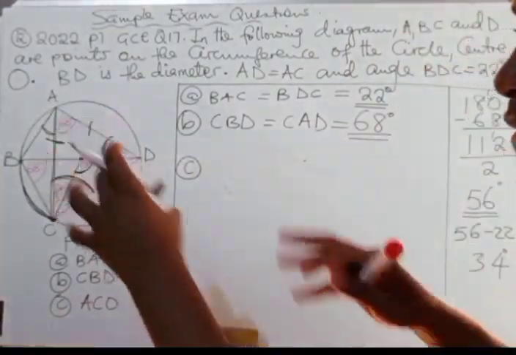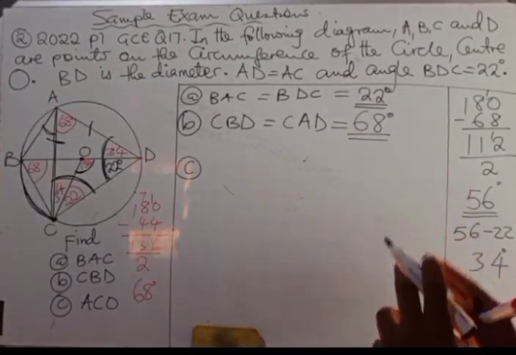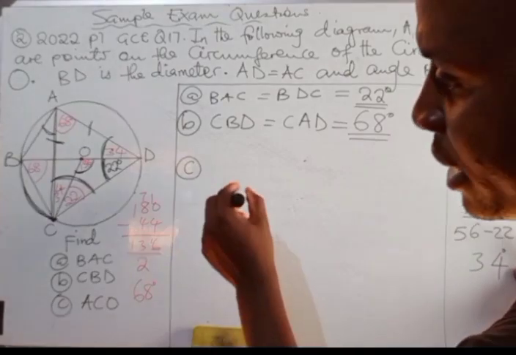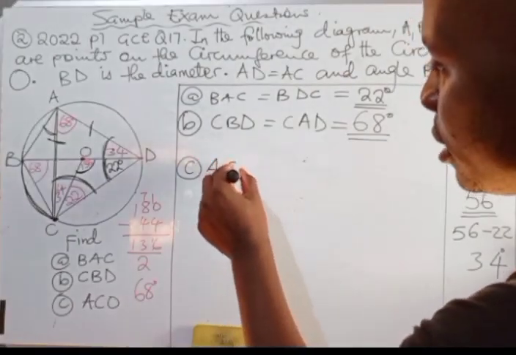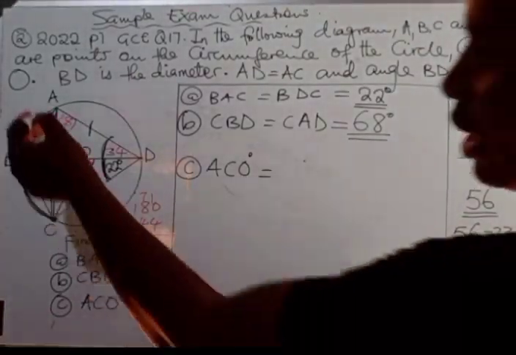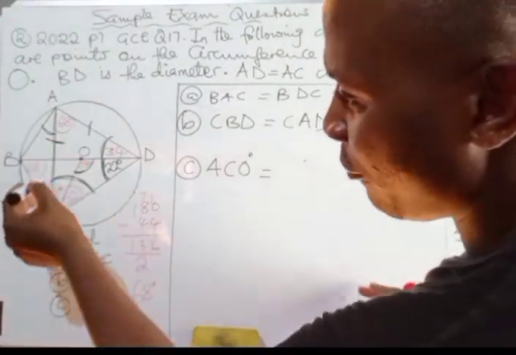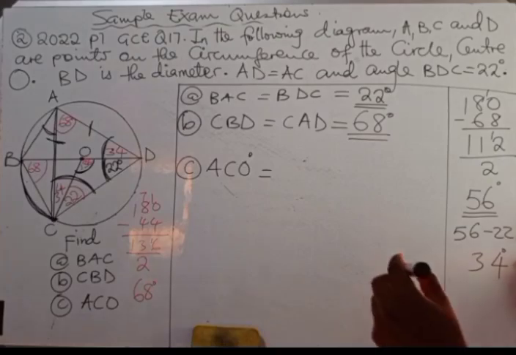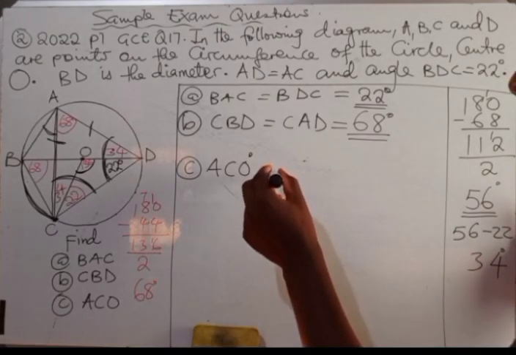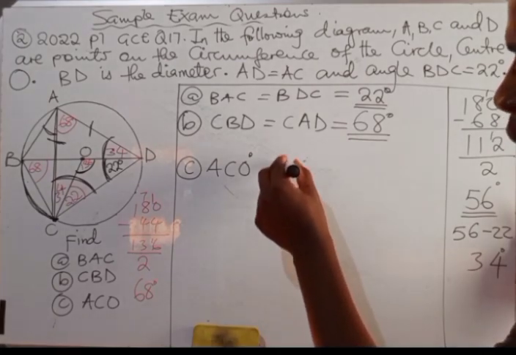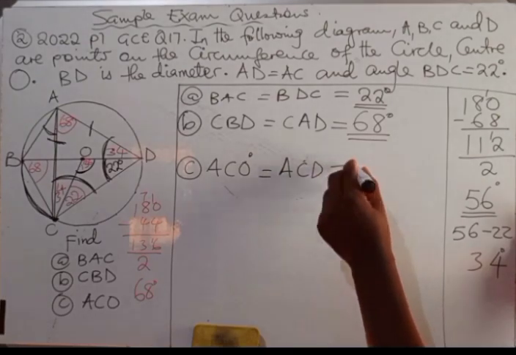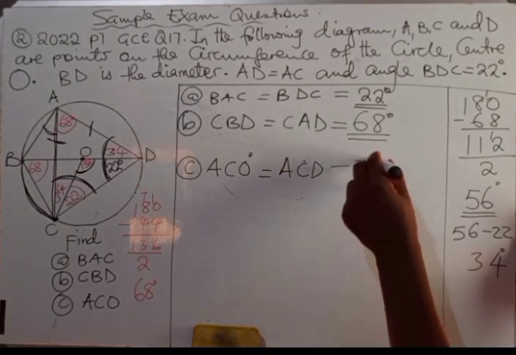I just thought of first fixing those so that when we come to answering, we won't have challenges. So C says we find ACO. We have already found the answer. It is equal to ACD minus 22.